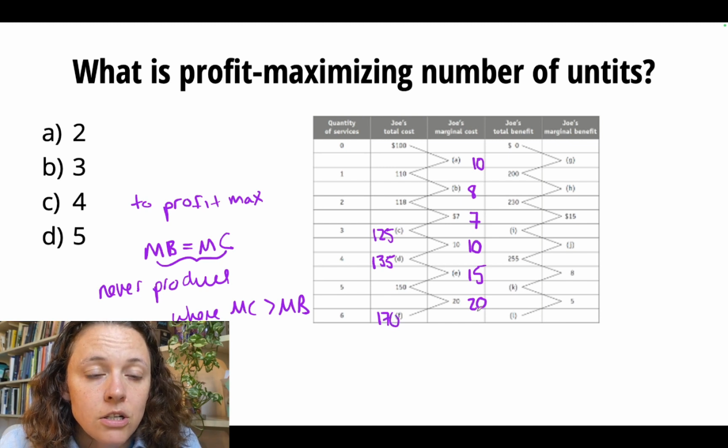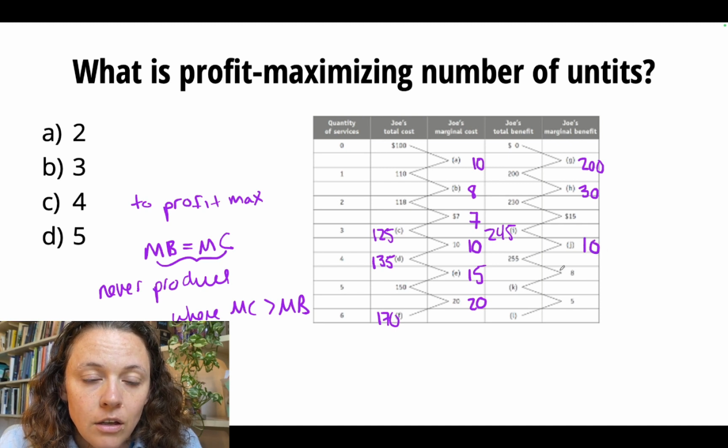So the marginal costs are the things that we care about. And the marginal benefit we can calculate as the difference from going from 0 to 200, then 30, then 15, which brings us to 245. Now we go from 245 to 255, 255 to 8, 15, and 5.